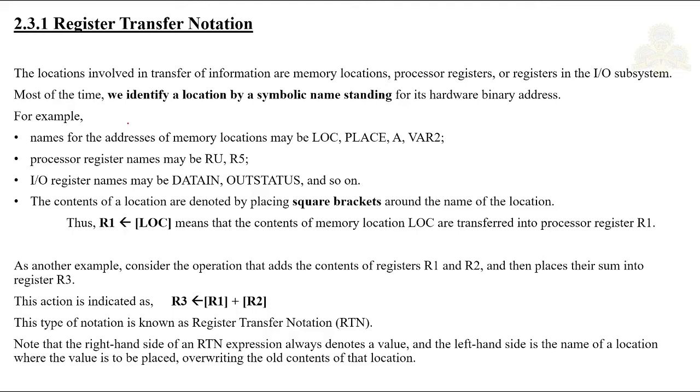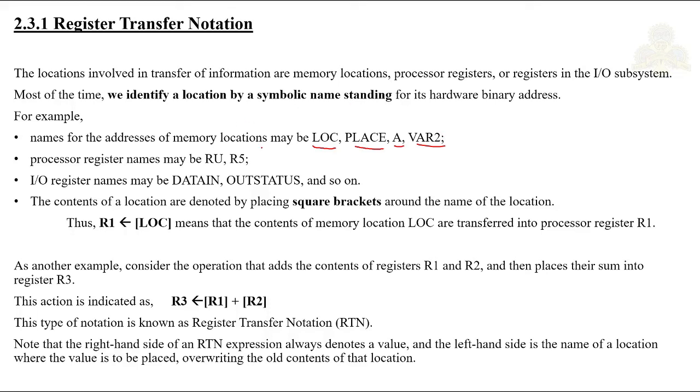Now how is the naming convention done for memory? The names for the address of a memory location may be some variable or symbolic name such as LOC, that is location, or a word such as PLACE, a variable A or VAR2. These symbolic names will be used for the addresses of memory locations.